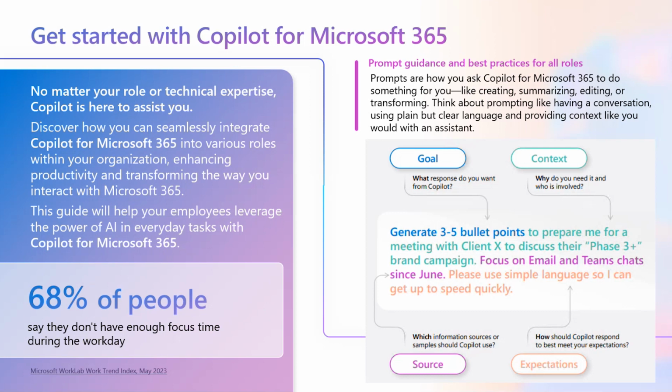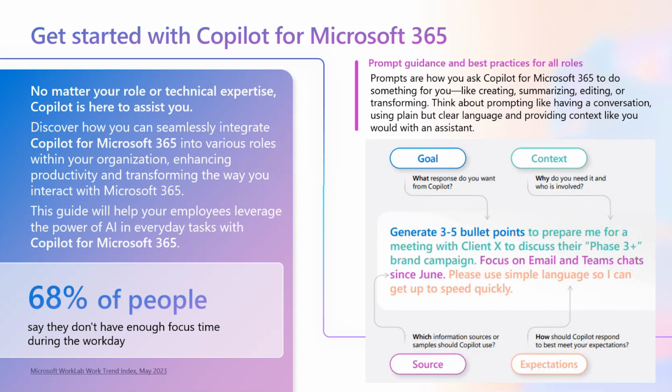Now, if we look on the right-hand side where it says prompt guidance and best practices for all roles. Now, prompts are what? Prompts are how you ask Copilot for Microsoft 365 to do something for you, like creating, summarizing, editing, or transforming. Now, think about prompting like having a conversation. And remember, Copilot for Microsoft 365 is geared towards natural language.